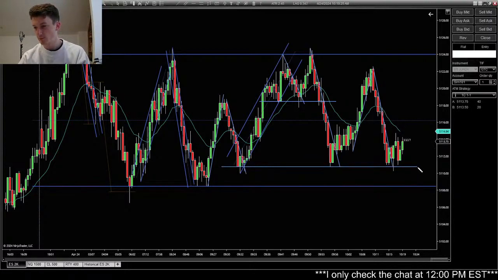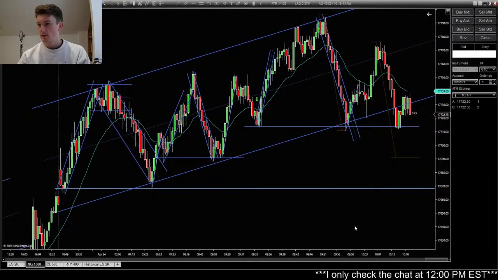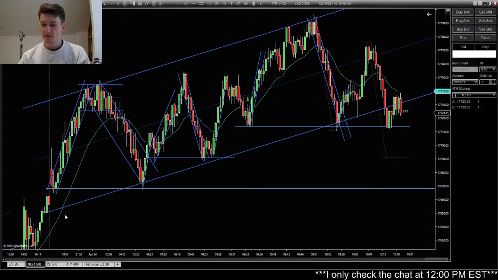Clearly finding some support here on the ES. So it's like inconsistent support and resistance levels for the ES at least. So clearly there was support here, but then it's moved up and now it's right here. In Q, this major uptrend still could be correct, but it's just so weird. It's such an odd place.